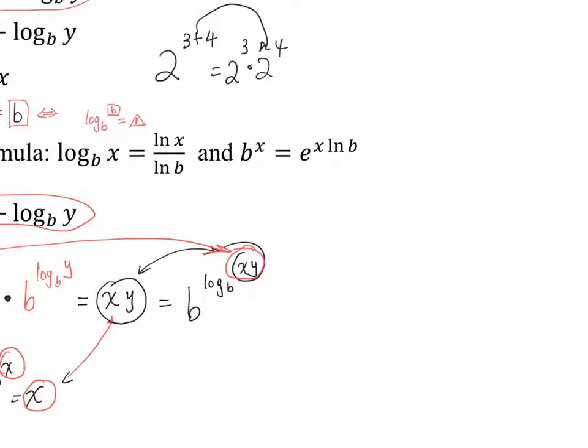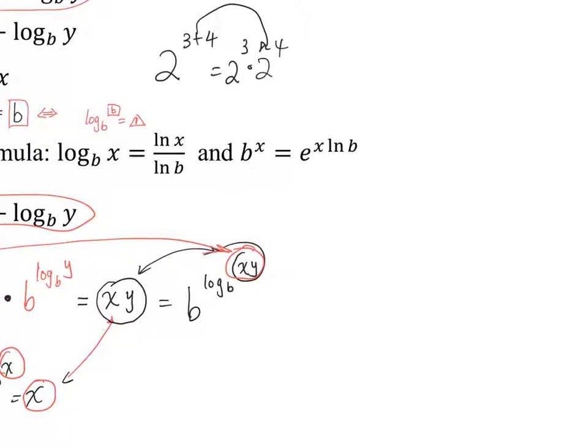The last property has two little equations. Let's take a look at this one. This one is saying I can rewrite an exponential function with base b into an exponential function with base e. So you're changing the base. That's why we call this the change of base formula.